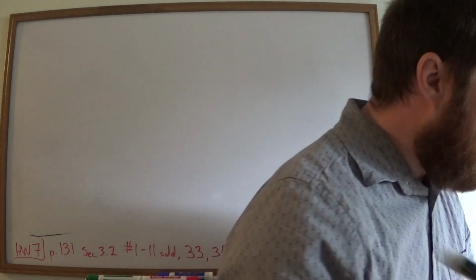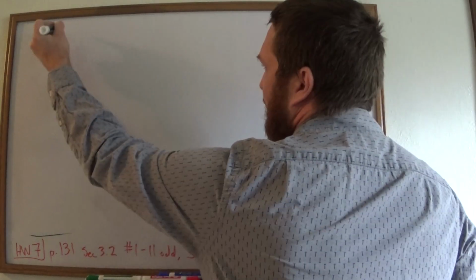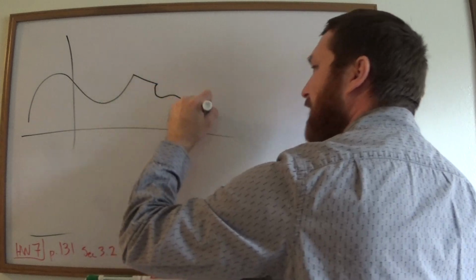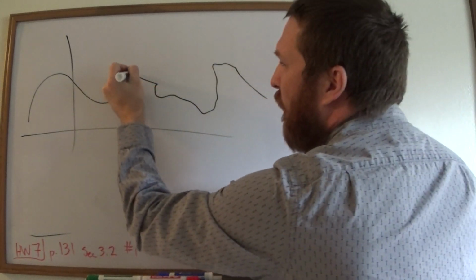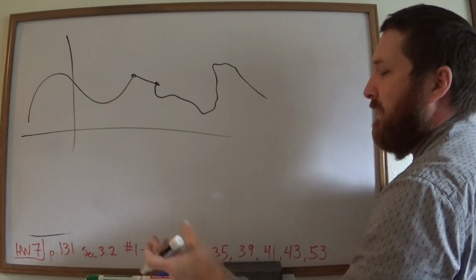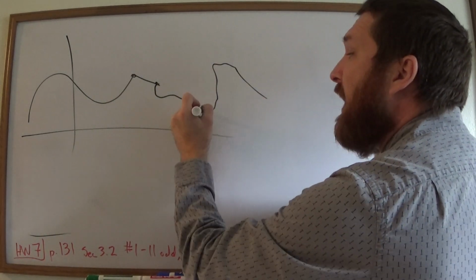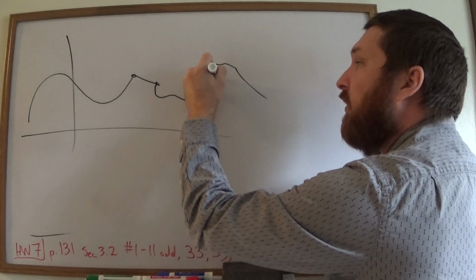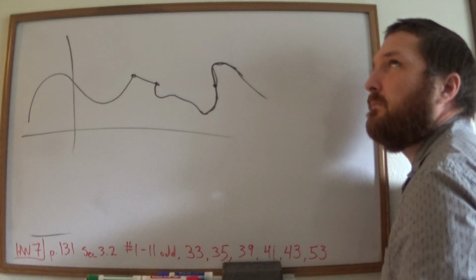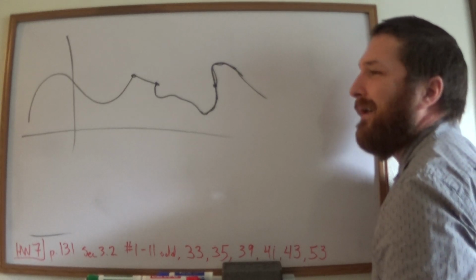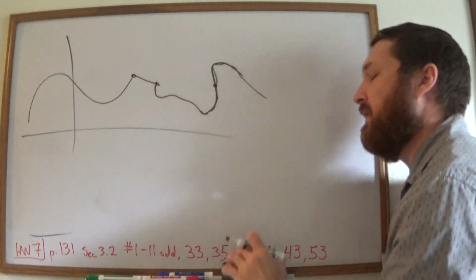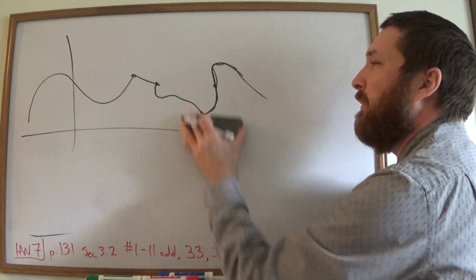You can imagine I could do something like this, and then there's a corner, and another corner, and so it won't be differentiable here or here. By the way, if your tangent line is vertical, you're not differentiable where it's vertical, because that would mean you took the limit and got infinity. That limit doesn't exist, so by definition, it's not differentiable.